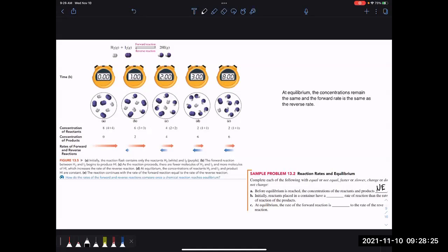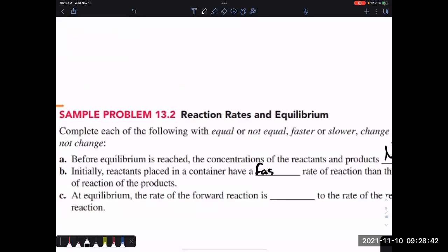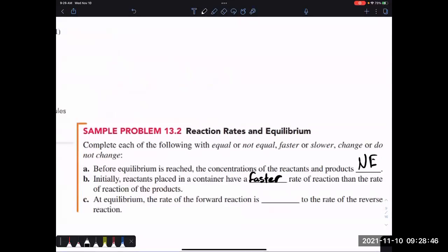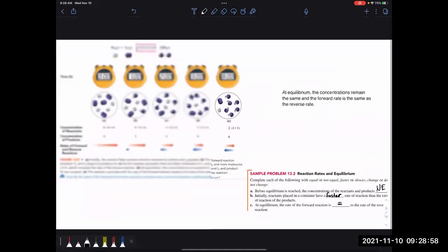Since we have only reactants, there's no products, there can't be a rate for products, it's going to be 0. So I'm just going to put a greater than or faster. What a weird question. And then at equilibrium, the rate of the forward reaction is equal to the rate of the reverse reaction. So those rates are equal.